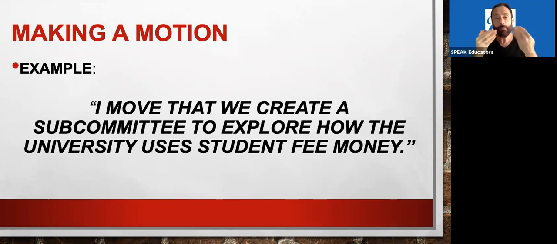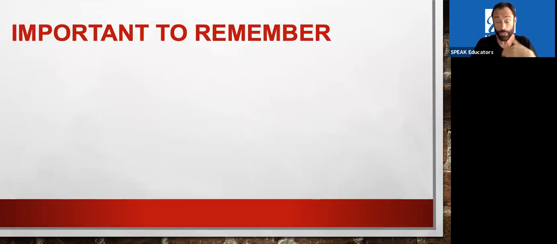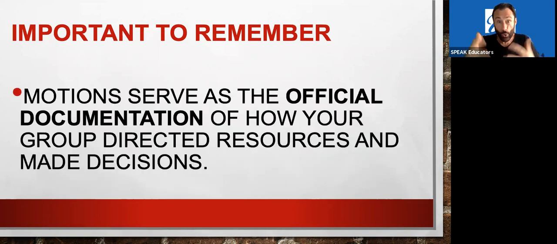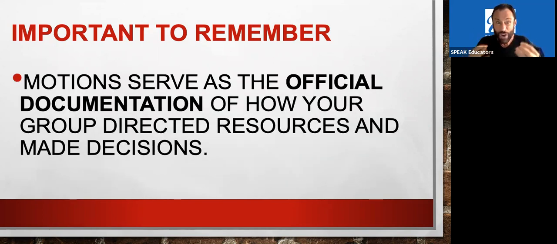Now, there are some important things to remember. First of all, motions and their votes are very important because, as a public institution, at University of Massachusetts Boston, your motions are the official record, the official documentation of how the group was directed to spend money, use resources, or make decisions.